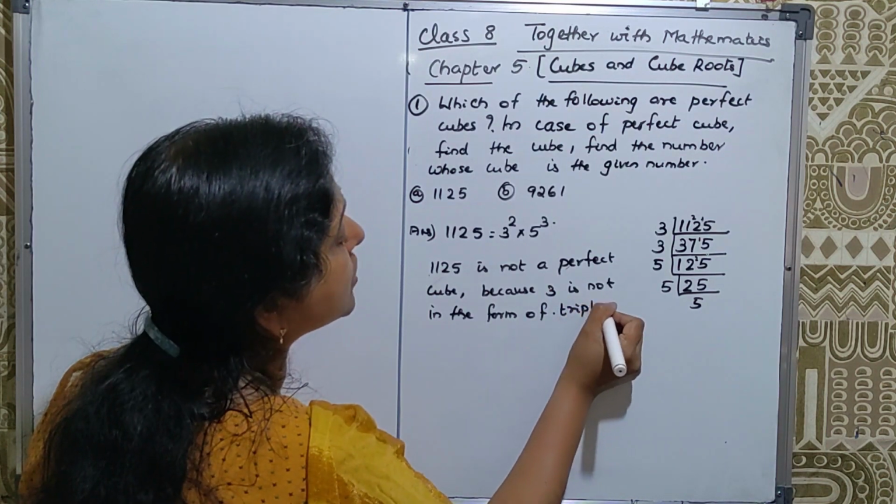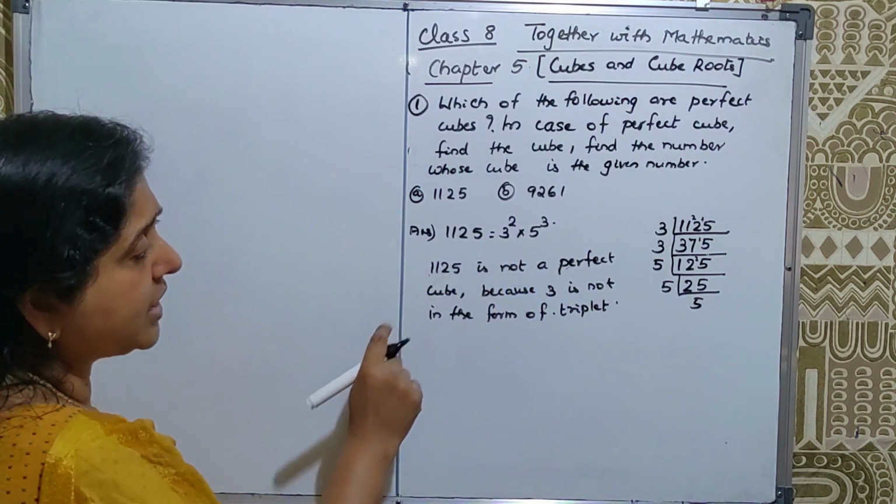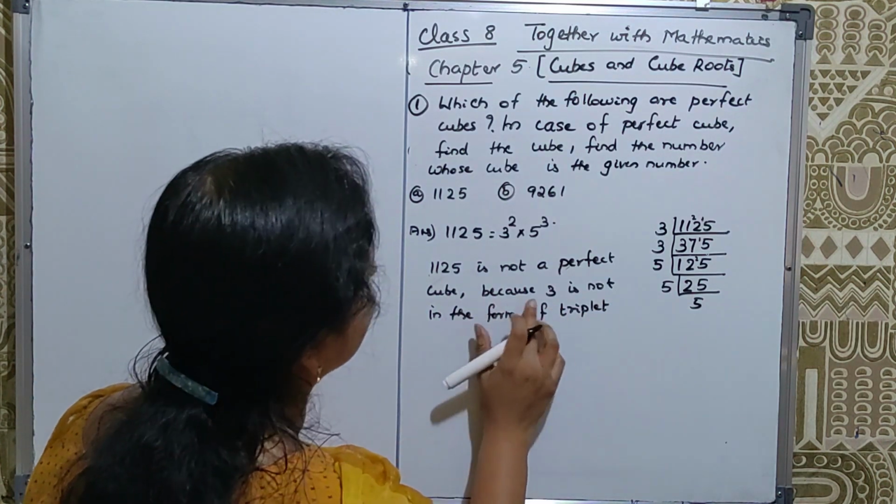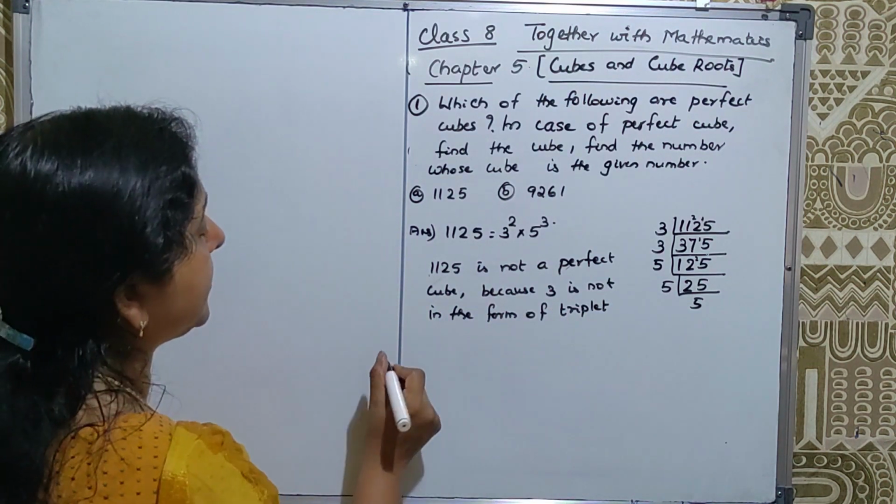Triplet means the power should be 3. The power of 3 is actually 2 only, so one more 3 is needed.